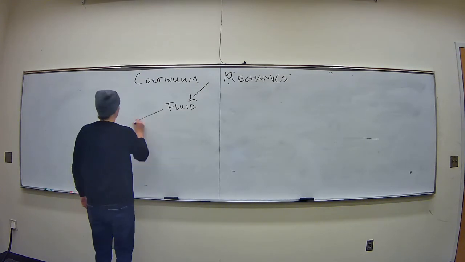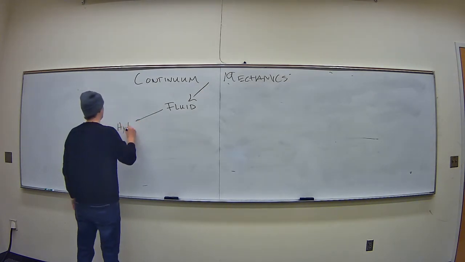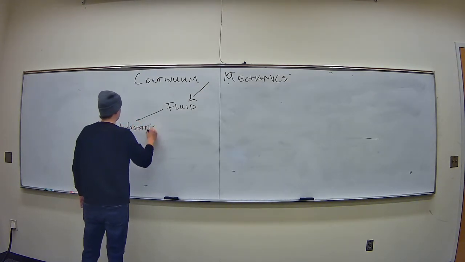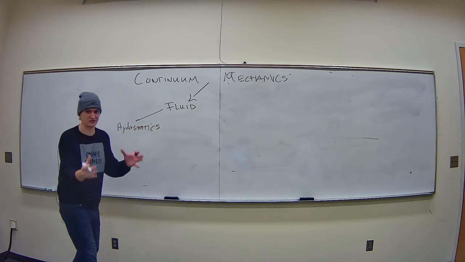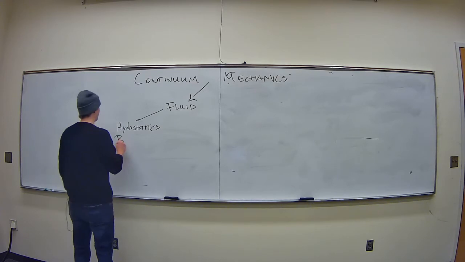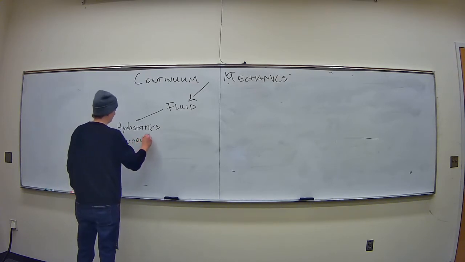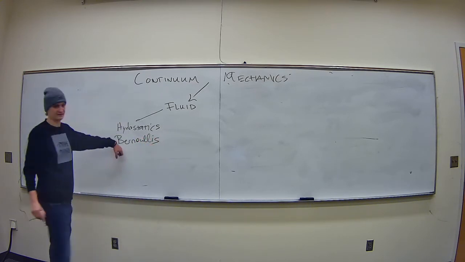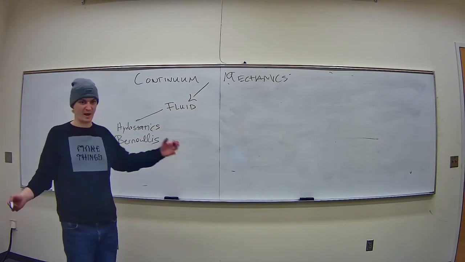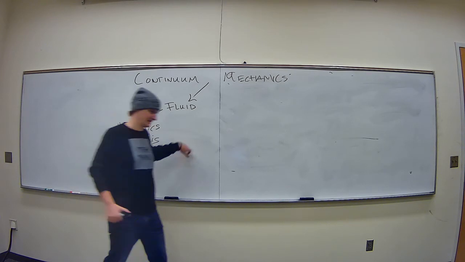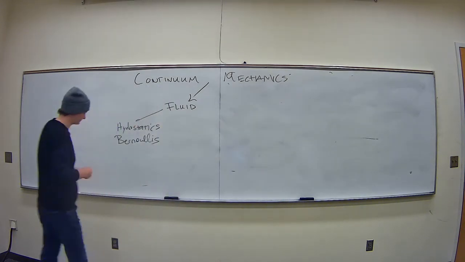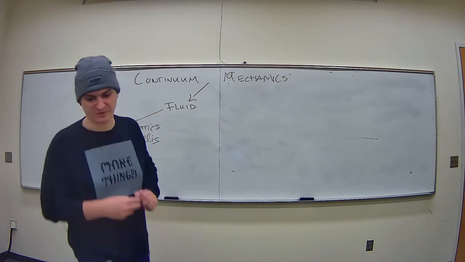So before, in your undergrad course, you probably did a lot of hydrostatics problems where there's no motion, it's just the pressures in the water. You probably did a ton of Bernoulli's analysis, which is just an energy balance. So in your pipe flow problems and everything else, you're really balancing energy from state A to state B. What other topics did you probably go over?